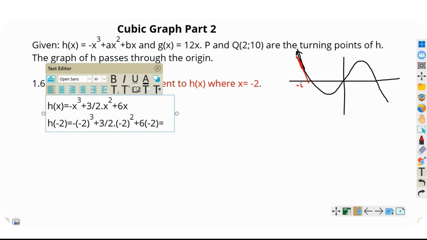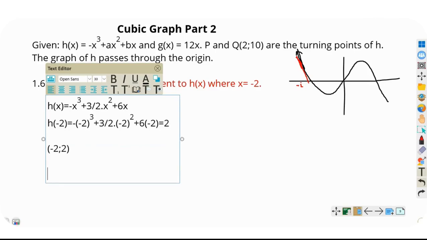So h equals negative 2 cubed, negative 8 multiplied by negative 1 is positive 8, plus 3 over 2 times 4, which is 12 over 2, is 6, plus 6 times negative 2 is negative 12. So 14 minus 12 is 2. So the coordinate here is going to be what? The coordinate is going to be negative 2 and 2. So now we have the coordinate.